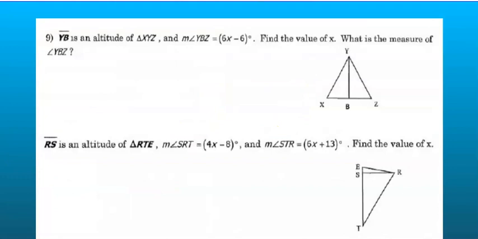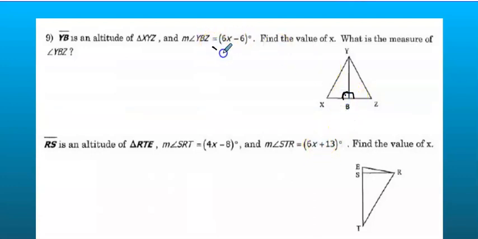Let's look at number 9. YB, which is right here, YB is the altitude of XYZ. So this is a right angle right here. YBZ is this angle right here, 6x minus 6. Okay, well, if this is a right angle, so is this.